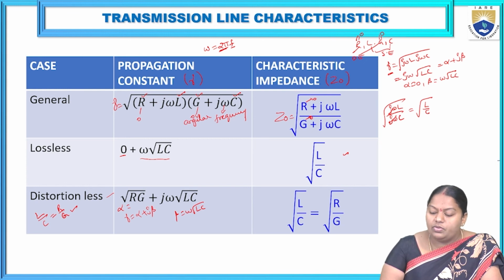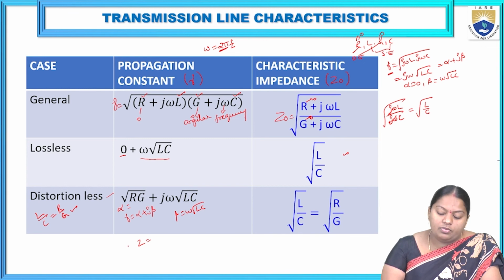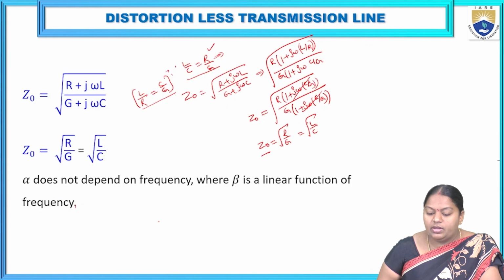So how is it evaluated? Z is equal to root of (R plus j omega L) by (G plus j omega C). In the previous case we have already evaluated that one.